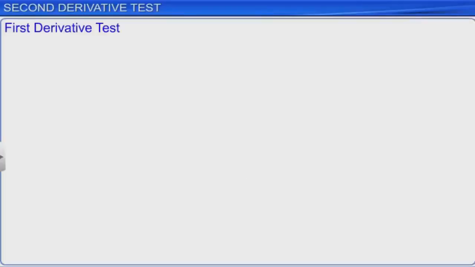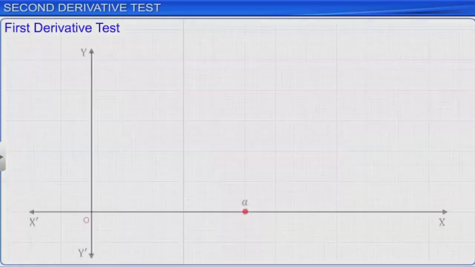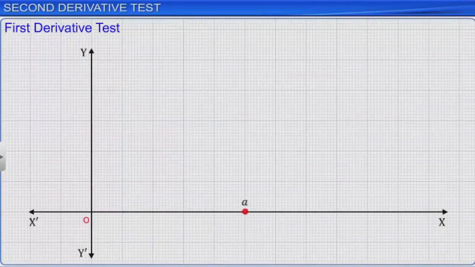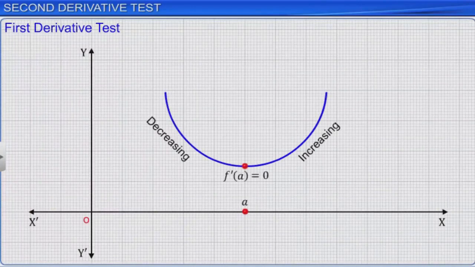Recall the first derivative test. It states that if the derivative of f changes its sign from negative to positive as x increases through a point A, then A is the point of local minima.